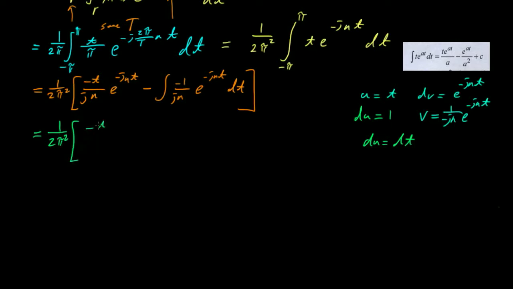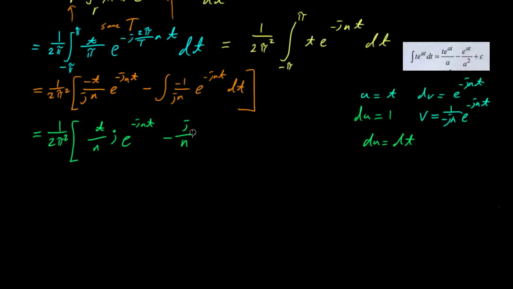Okay, so 1 over 2 pi squared, actually sorry, not integral, negative t over jn e to the minus jnt. Minus and minus cancel out, so that's plus.